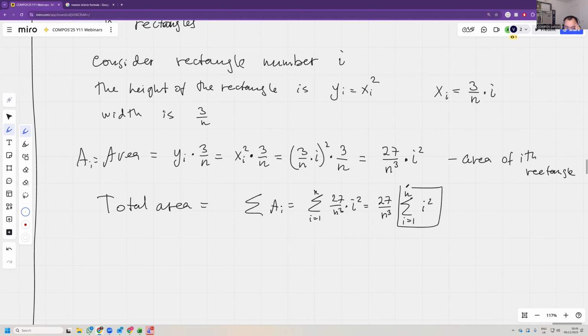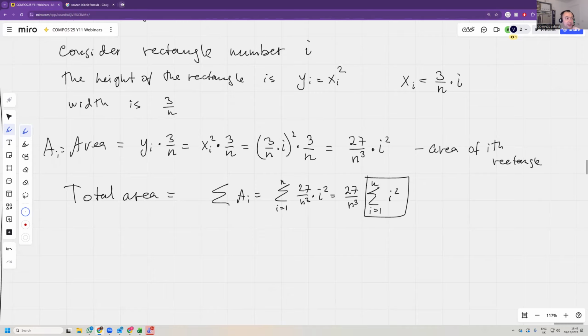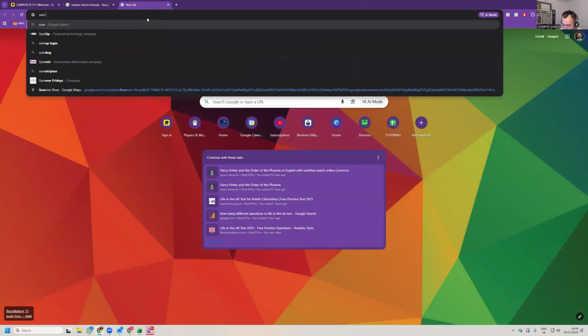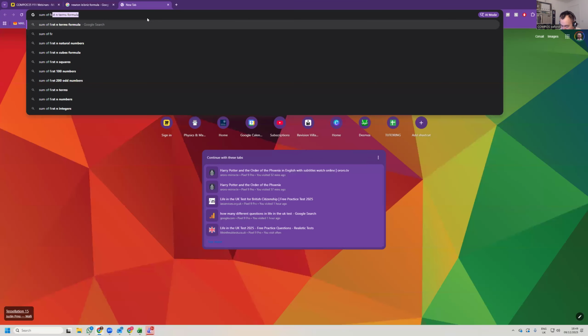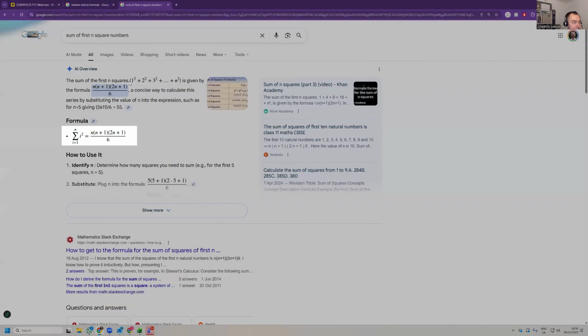And this value, the sum of the first n square numbers, has a formula. I never remember it, but it's this.